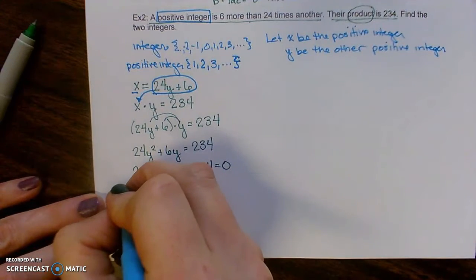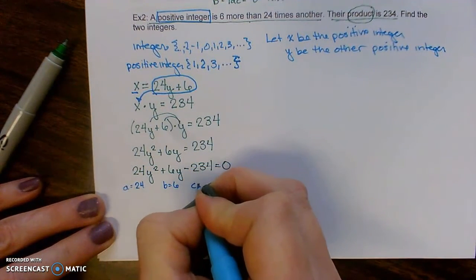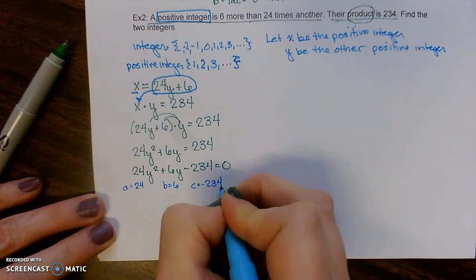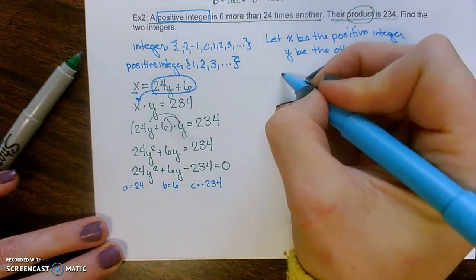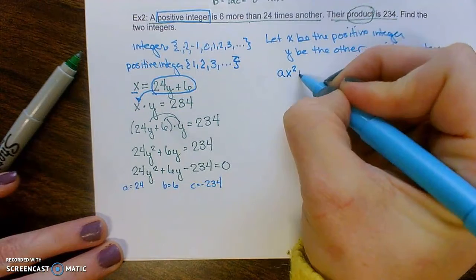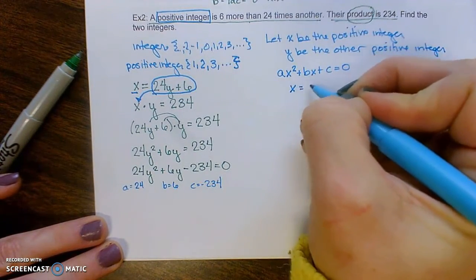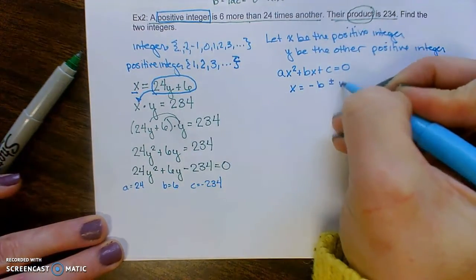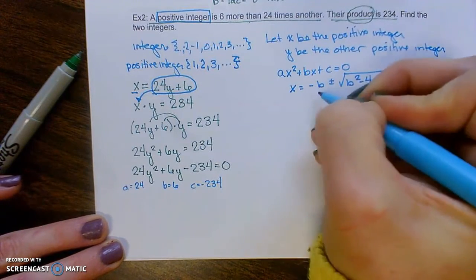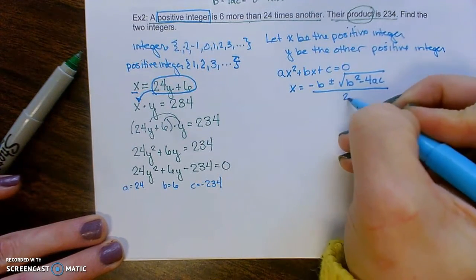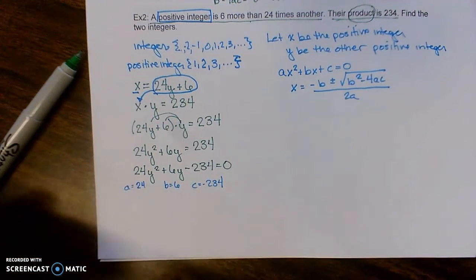It's a is 24, b is 6, c is negative 234. And in order to use the quadratic formula, which I'll just write down here, when you have ax squared plus bx plus c equals 0, x is negative b plus or minus the square root of b squared minus 4ac, all over 2a. Okay, and in this case, we don't have an x, we have a y.